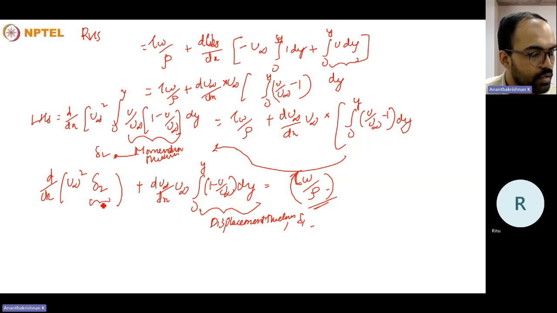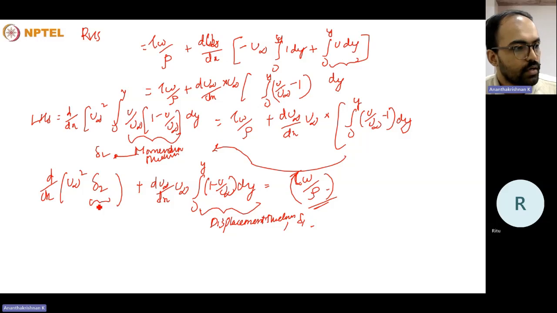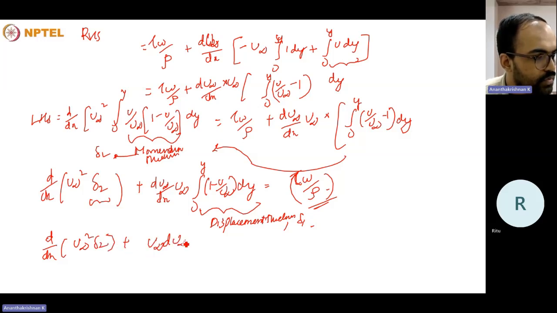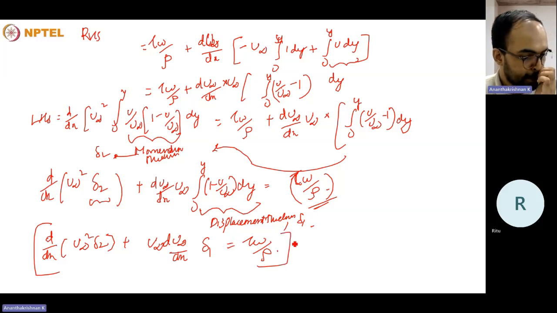And delta 2 corresponds to the momentum balance between two vertical heights of y that are far away from the wall. So you can write it in the form of d by dx of u infinity squared delta 2 plus u infinity du infinity by dx into delta 1 is equal to tau rho by rho. This corresponds to the final general form of the momentum integral equation.